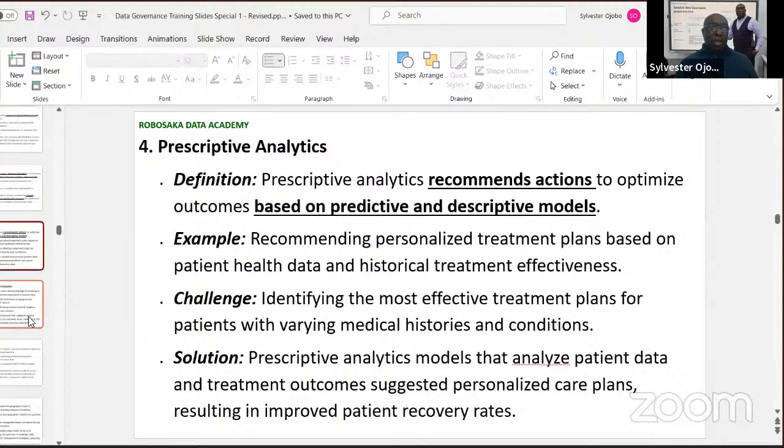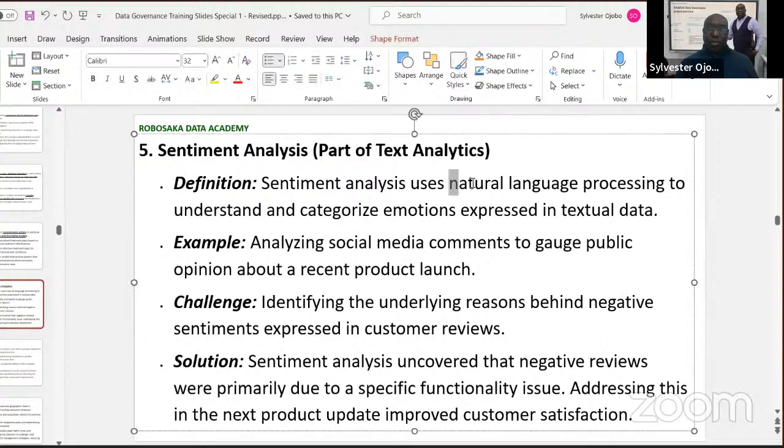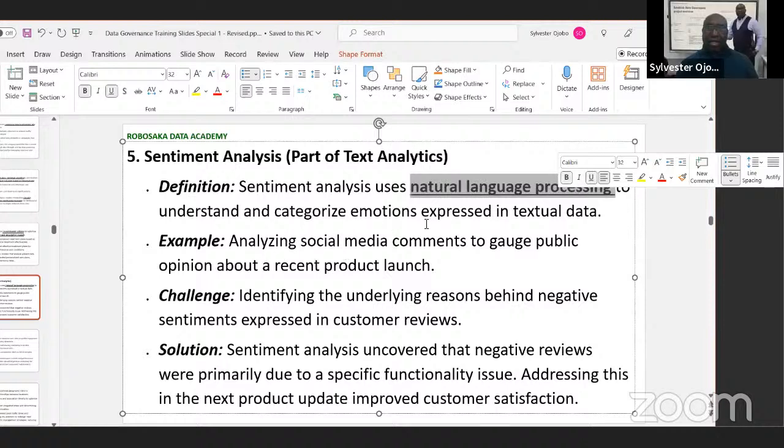Okay. There is another analytics that takes place. Part of this analytics is sentiment analysis. Sentiment analysis uses natural language processing to understand and categorize emotions expressed in textual data.